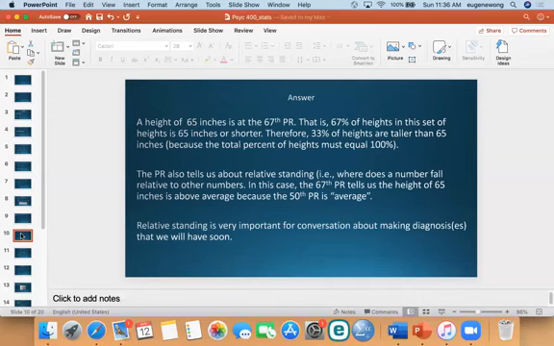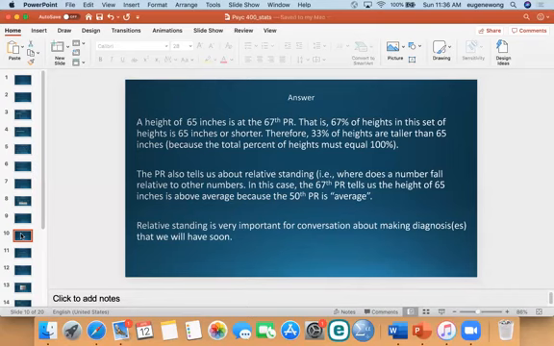Okay, here we go. A height of 65 inches is at the 67th percentile rank. So when you did your calculations according to the formula that I gave you, you should have gotten the number 67. And we would simply say it's the 67th PR, or percentile rank.